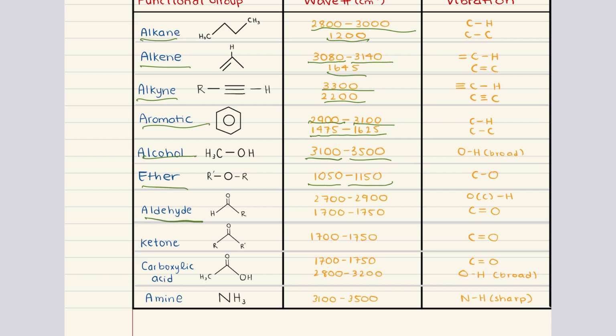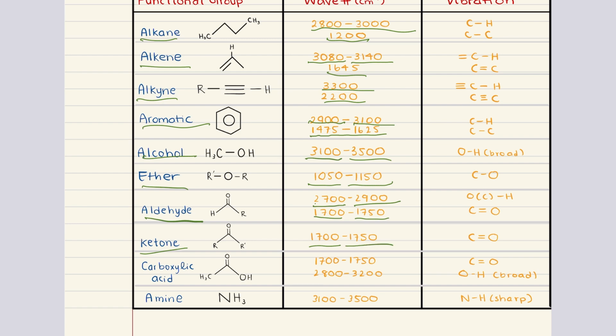Aldehydes display a strong carbon-oxygen double bond stretch in the region of 1,700 to 1,750 wave numbers, and then they also show a distinct carbon-hydrogen stretch where the hydrogen is bonded to the carbon of the carbonyl group between 2,700 and 2,900 wave numbers.